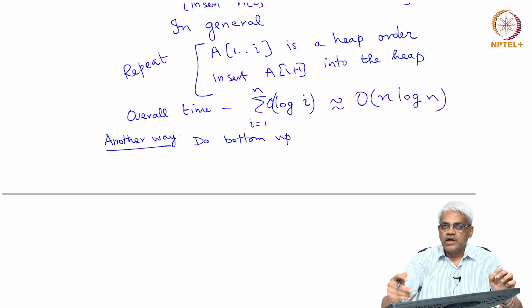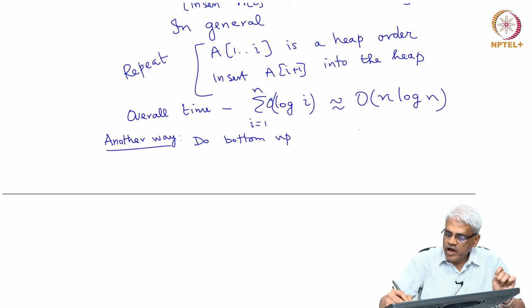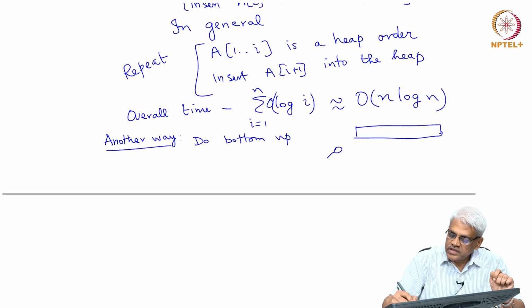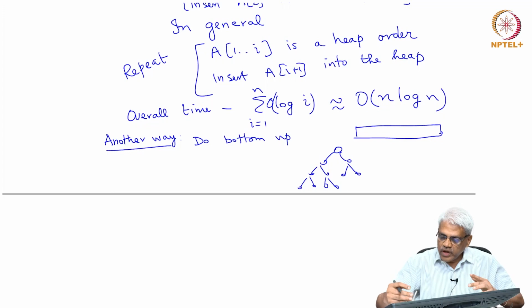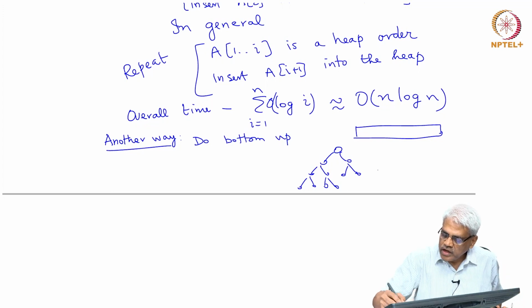That means that, if you are given an array, view it as a complete binary tree. Then you know that all the bottom elements, the elements at the leaf level, each one individually is a heap by itself. Okay. So now you go and make all the nodes at this level heap.